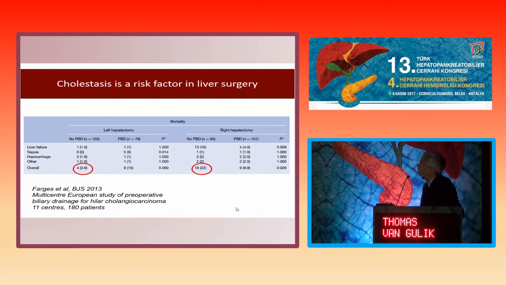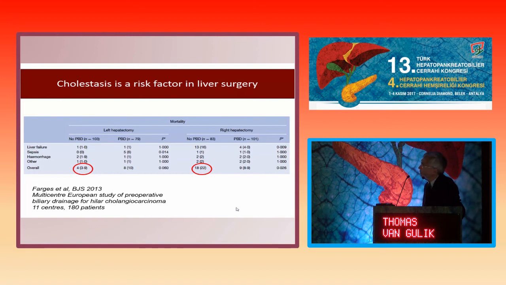When you look at those patients who were drained or not drained, when the patients were not drained, the mortality was 22%. Imagine 1 out of 5 patients dies, whereas if they were drained, it was 9%, which is about the average.